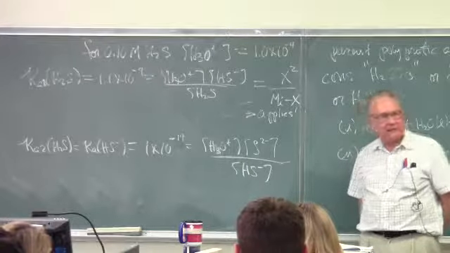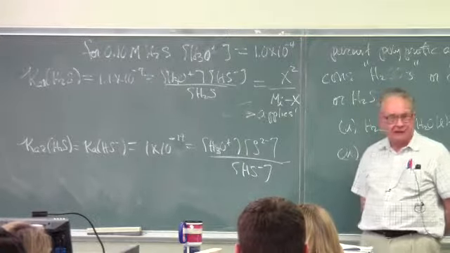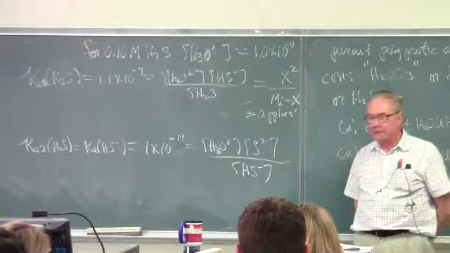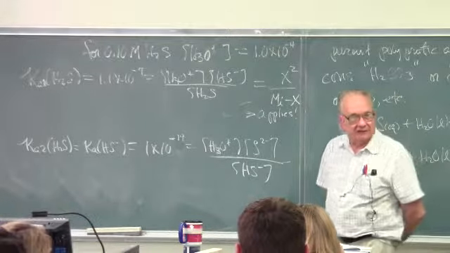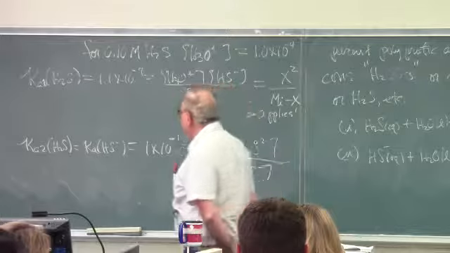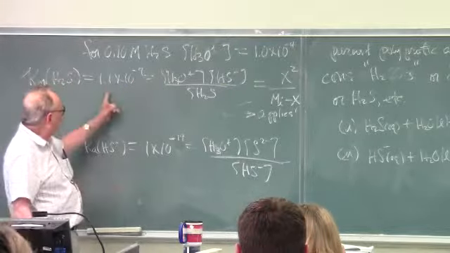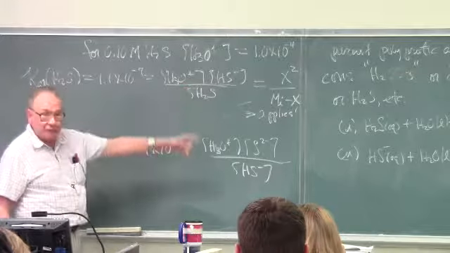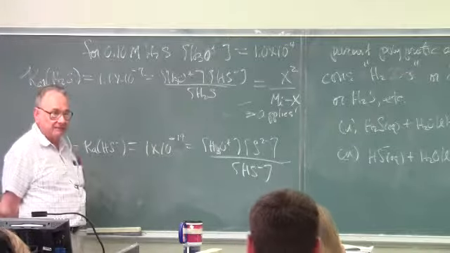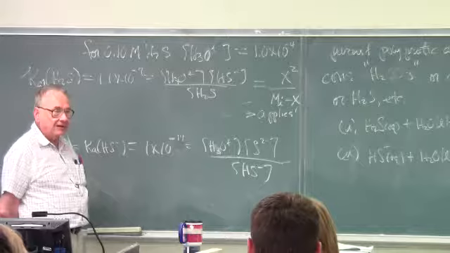I don't care about taking numbers and shoving them into formulas and pushing buttons and getting answers that don't mean a thing, because you didn't have to think about them. So, I wind up taking the square root of 1.1 times 10 to the minus 8. And there's the square root. Done. Now comes the next question.